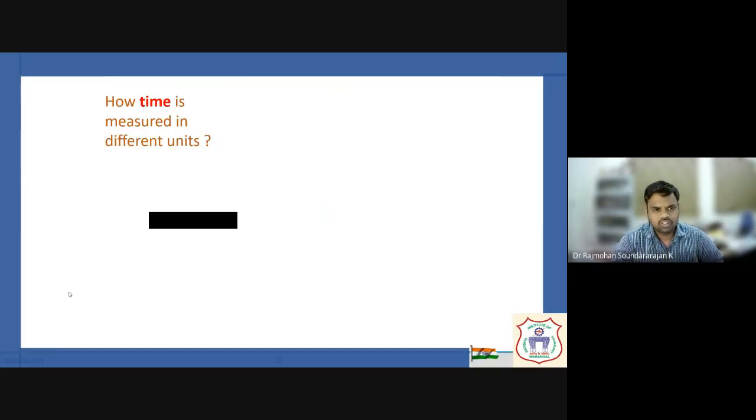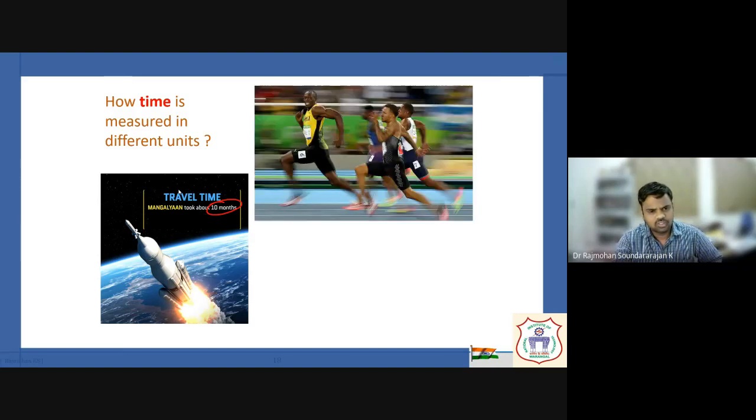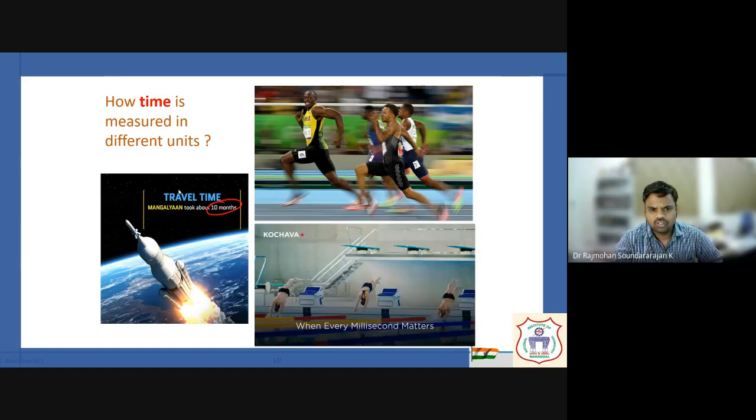Okay, for example, how we are measuring time in different units. You remember, if you look at the Mangalyaan, it took around 10 months to travel. And if you look at different sports, different time units are important.